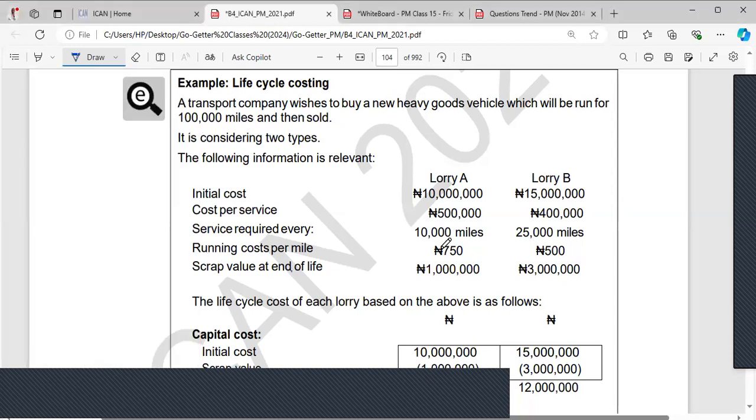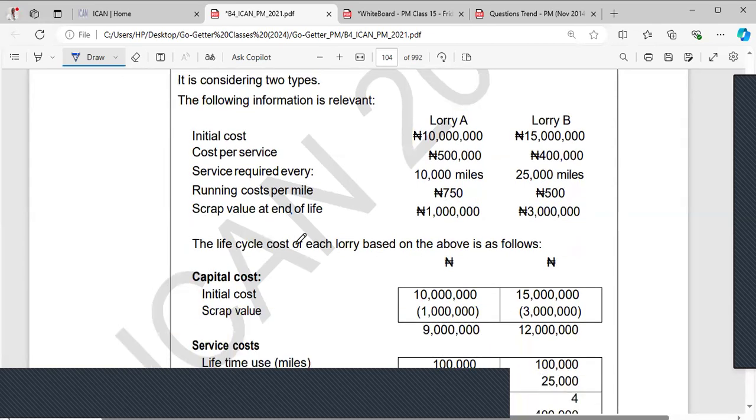This is the running cost per mile that was given here in this question. The scrap value at the end of life, so this is the scrap that you have at the end of the life. Then the life cycle cost of each of the lorry based on the above is as follows now.